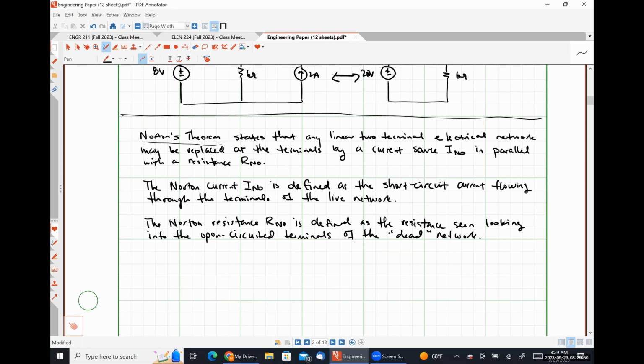The Norton current is distinctly different from the Thevenin voltage, though. The Thevenin voltage was defined as the open circuit voltage across the terminals. The Norton current is defined as the short circuit current across the terminals.